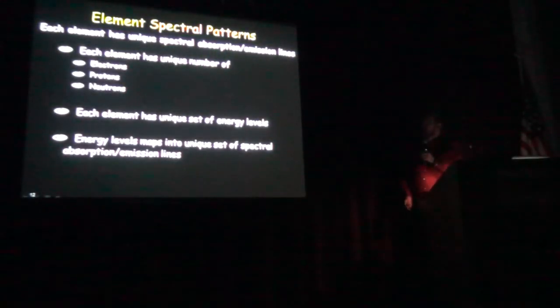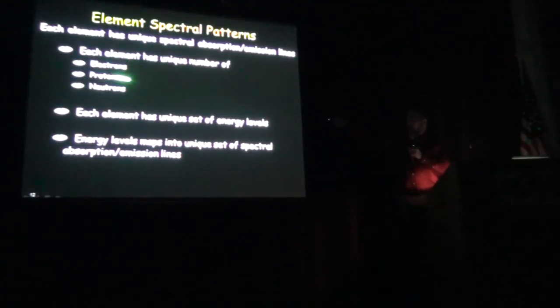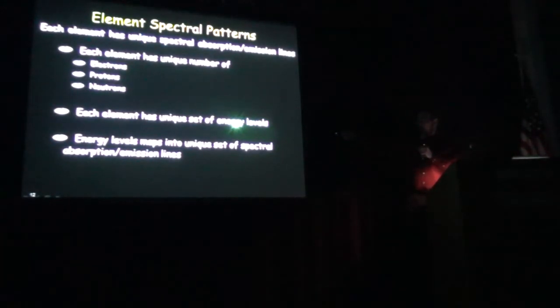So, the key here, the elements have a set of protons in the center, they have neutrons. We change the neutrons, we have different isotopes, and we have basically different ionization with different levels of electrons. So all these three things combine to give us very unique sets of energy levels.